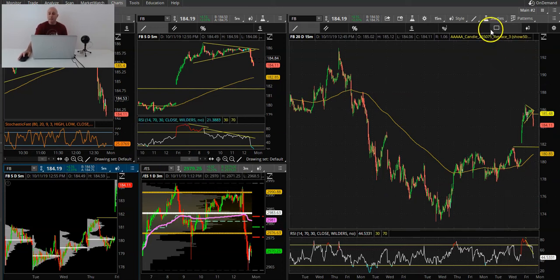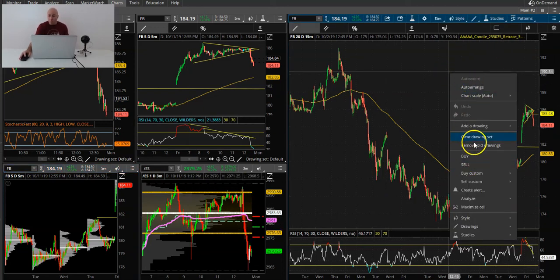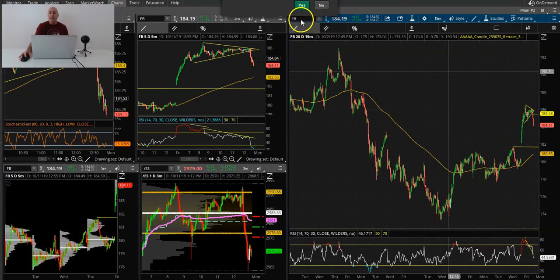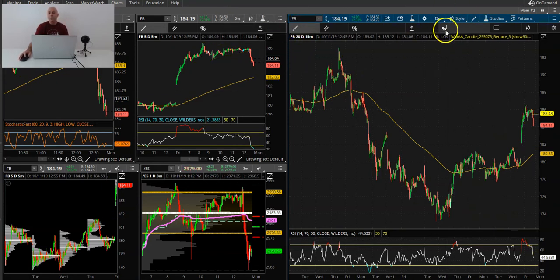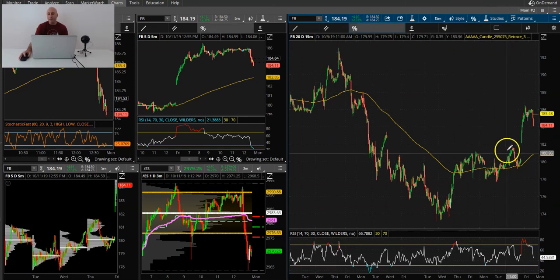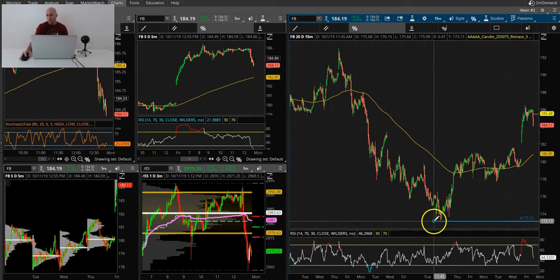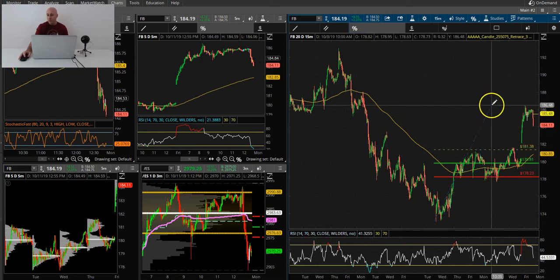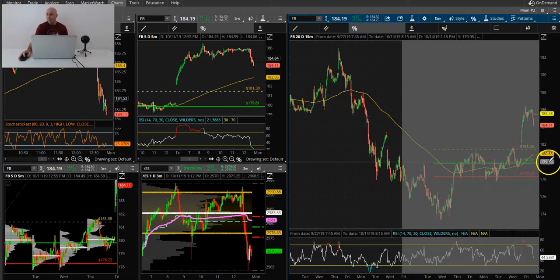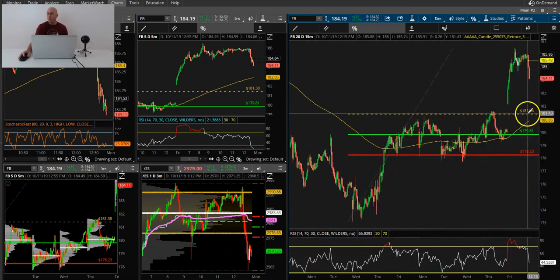And then one of my favorites is using Fibonacci and Fibonacci extensions. If I do a Fibonacci from, we'll say, this high to this low, just from this entire move, I now have levels that I could look to be a buyer.